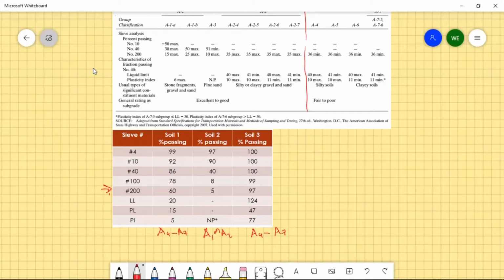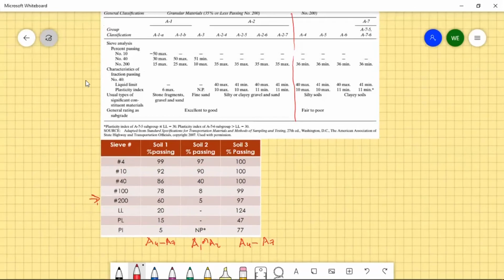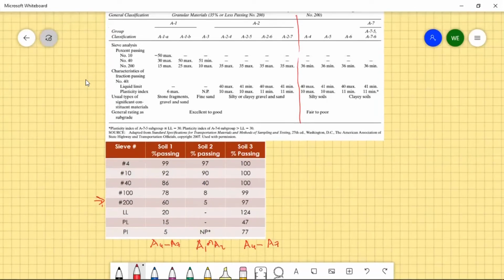To write this in a better organized fashion, for soil 1, passing number 200 is greater than 35. That means we have either A4 to A7.